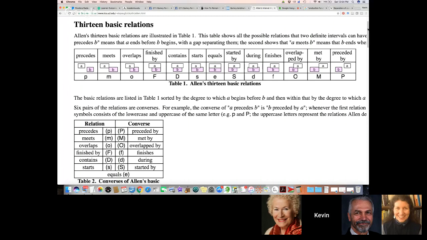One further step is what he calls modal temporal logic, which is if A precedes B, never, sometimes, or always. So you have a three-value answer instead of yes or no. And then how does that propagate transitivity?